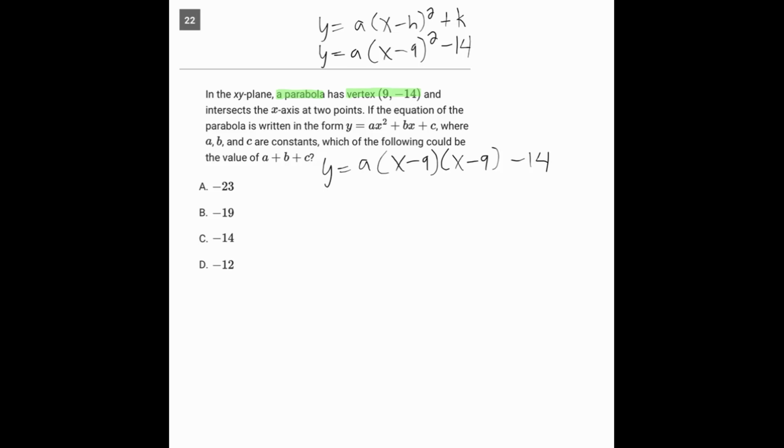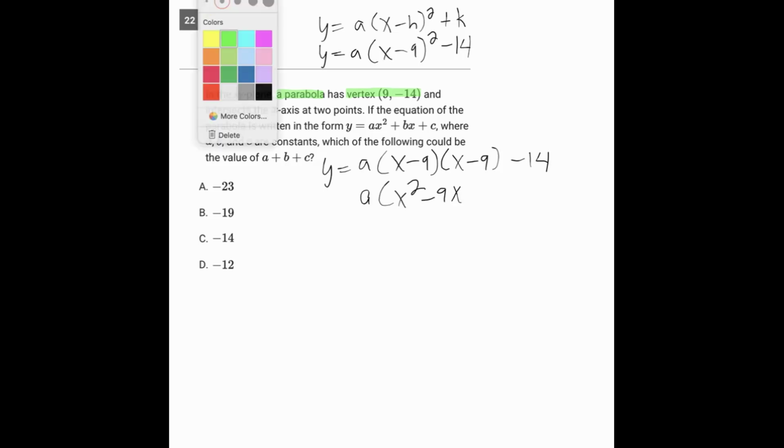So let's FOIL this out. First times first is x squared. So we have a, and then we have x squared. Outer and outer, -9x. Inner and inner, -9x again.